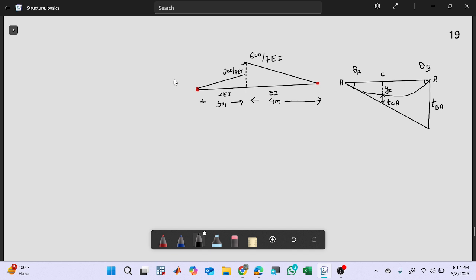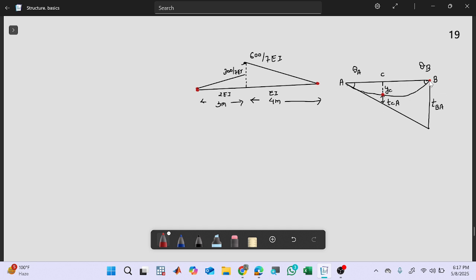It is important to note that TCA is, from the elastic curve, the distance up to the tangent. So not entirely from C, but rather from this point. We will draw the TCA from this point, from the elastic curve.